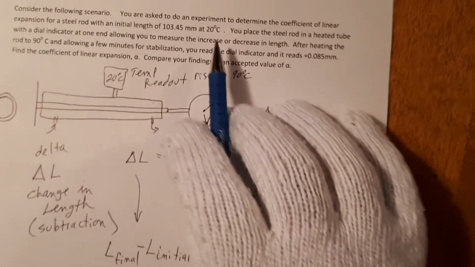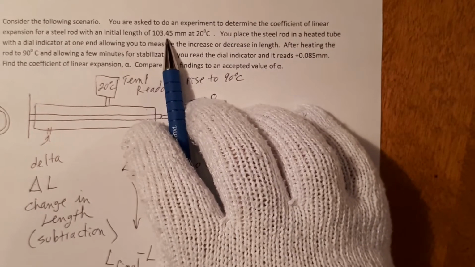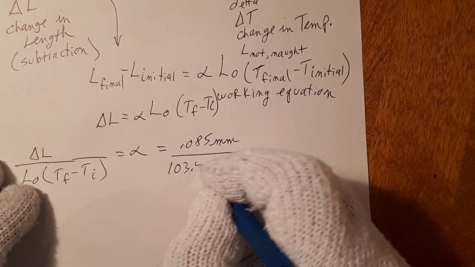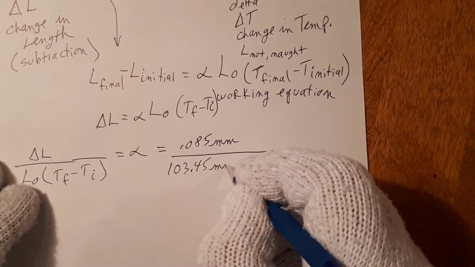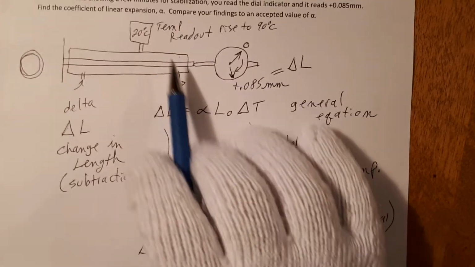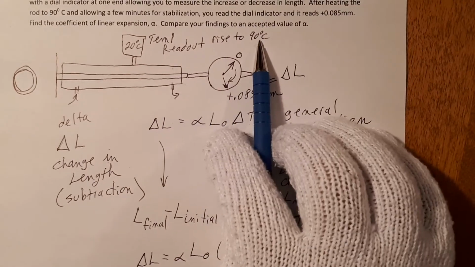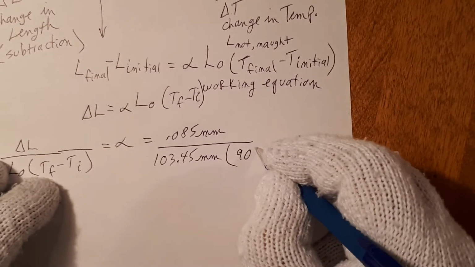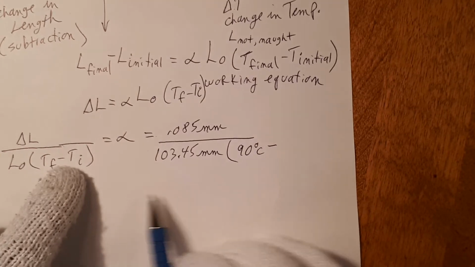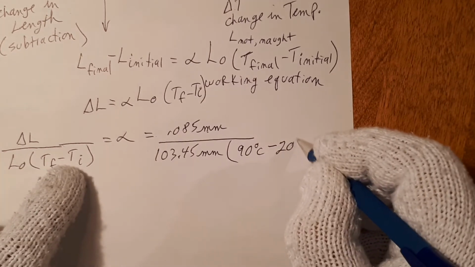The original length we measured to be 103.45 millimeters. And the temperature final, we brought this to 90 degrees. Temperature final then was 90 degrees, minus the temperature initial. The temperature initial we started at 20 degrees Celsius.